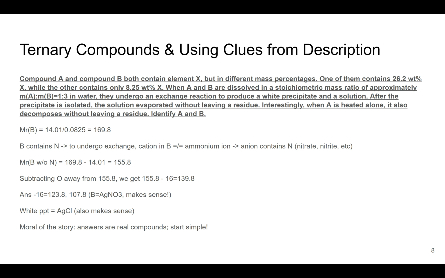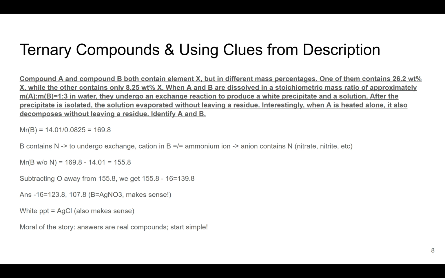So subtracting, we get 139.8, which doesn't ring a bell for any of the cations. We minus 16, which is the relative atomic mass of oxygen again, we get 123.8, which again doesn't hit anything. And we subtract 16 again, and then we get 107.8. And that's really close to silver. So B will just be silver nitrate.